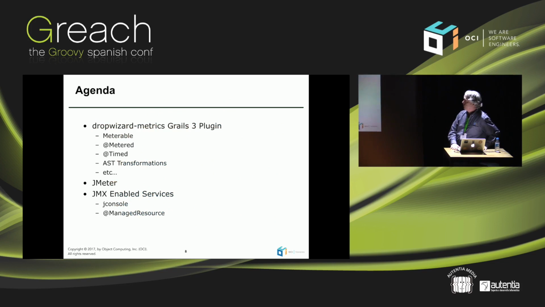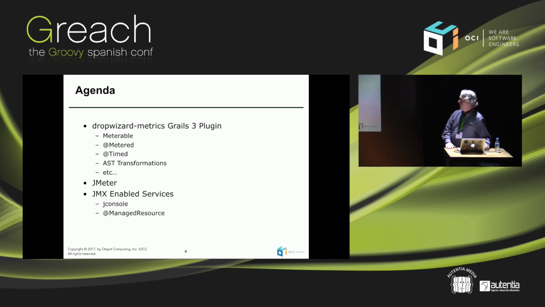All right. So let's get right into the tech talk. As I said, I'm going to talk about monitoring and management of a Grails 3 application. Specifically, I'm going to demonstrate some capabilities that exist in a plugin that we're working on. It's not complete yet, so we're going to be working with a build snapshot.